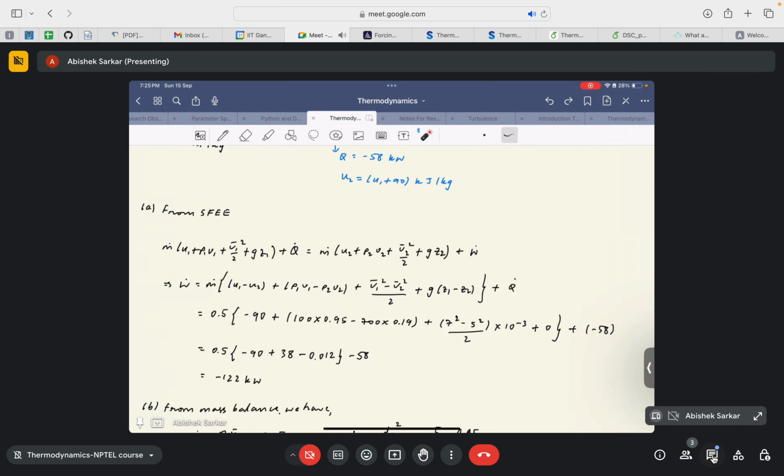So we need to multiply it with 10 to the minus 3 to have it in terms of kilojoules. Okay. So once you do that, you will easily find the work interaction is minus 122 kilowatts. Okay. Is that clear? Can we proceed? Okay, thank you.